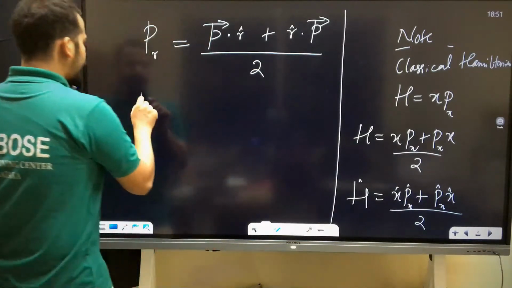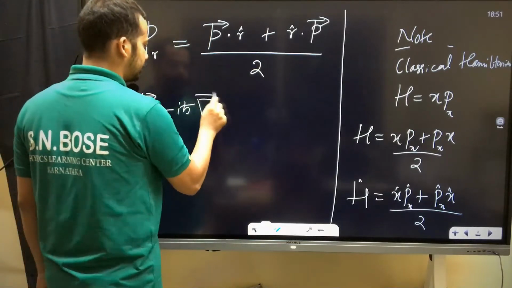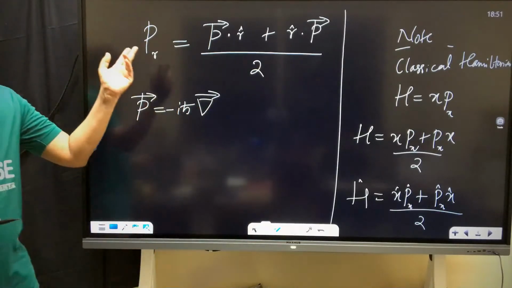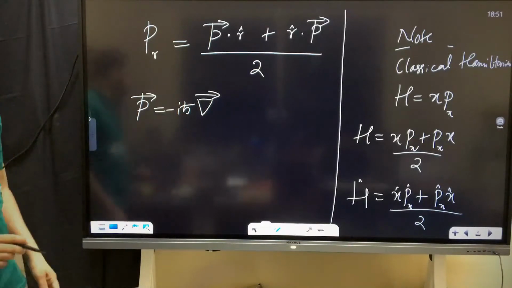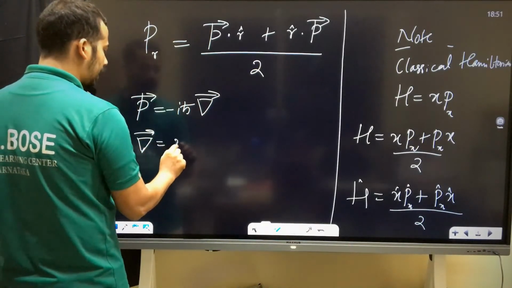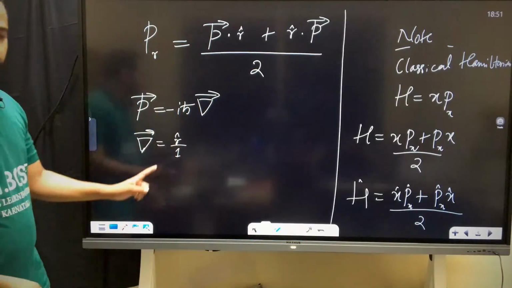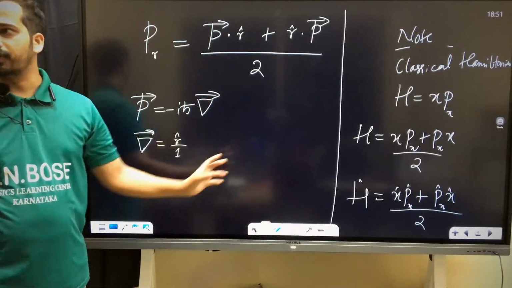Now this P vector is nothing but minus i h bar gradient. I'm doing it in spherical polar. They are asking in cylindrical coordinates. This gradient in spherical polar coordinates is r cap by 1, I write 1 as my practice, we call this h_r, h_theta, h_phi.